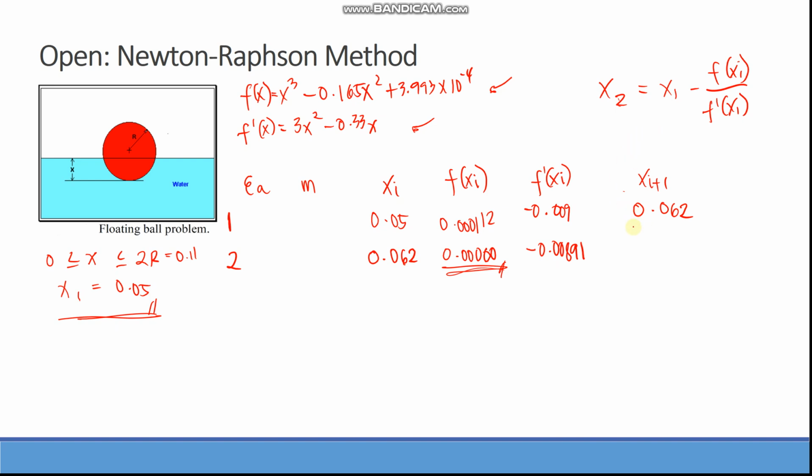So our x3, this point here, is equal to this point. So this is 0.062.